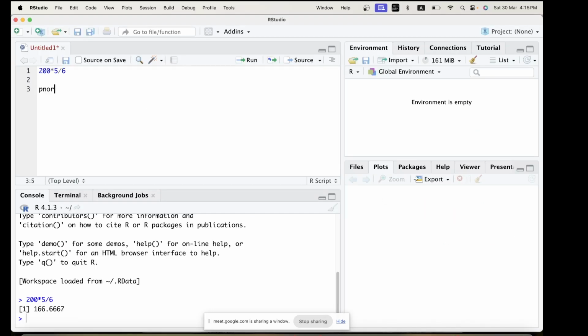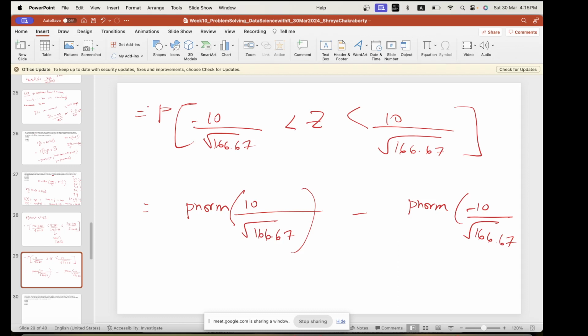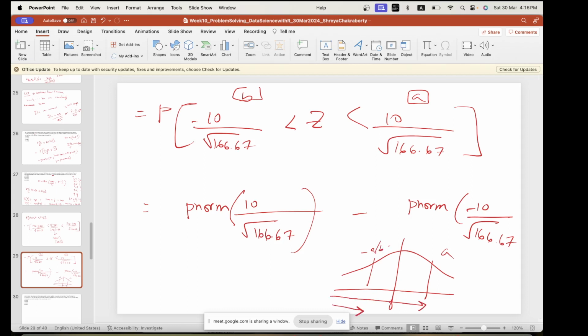So you understood what is happening here. This is z, symmetric about 0. This is plus 10, this value a, and this is minus a or b. So we are taking this area total and subtracting this area.